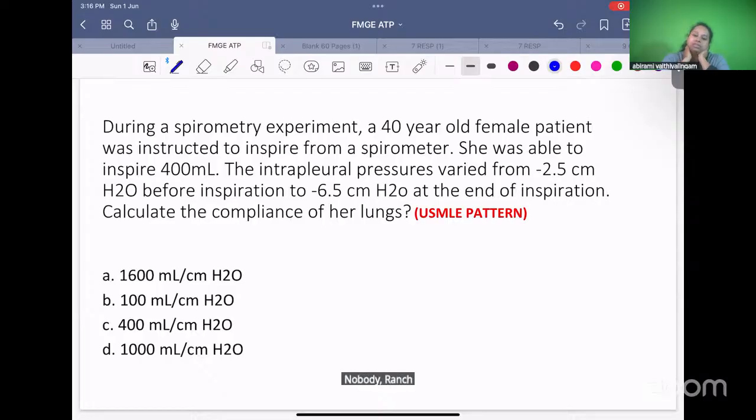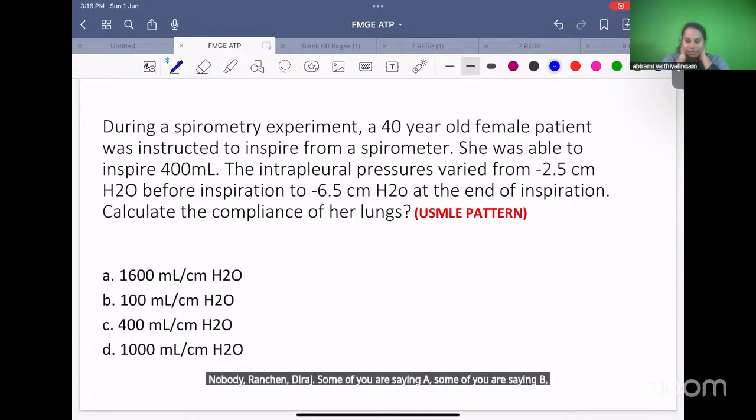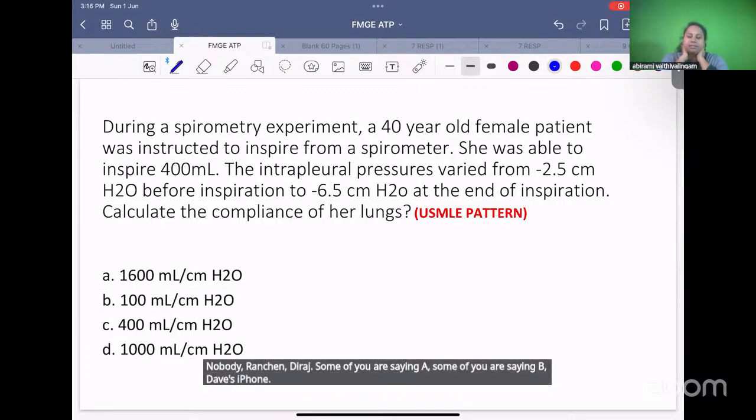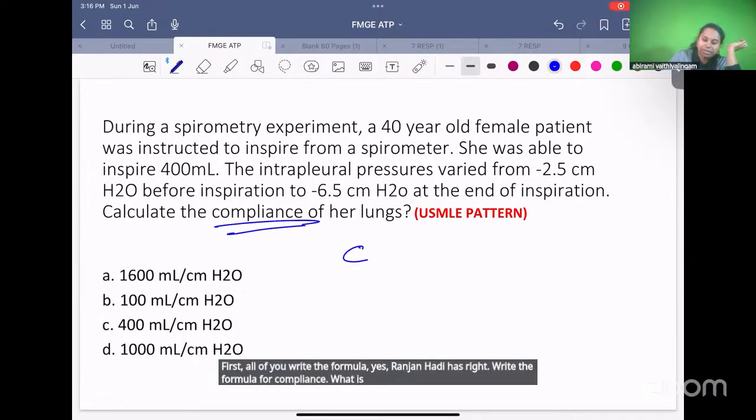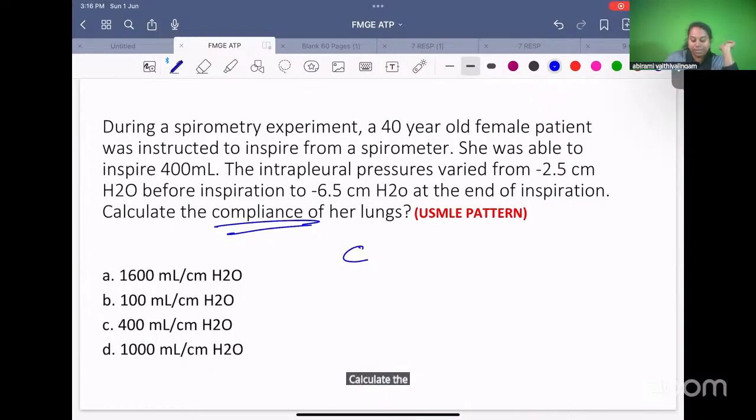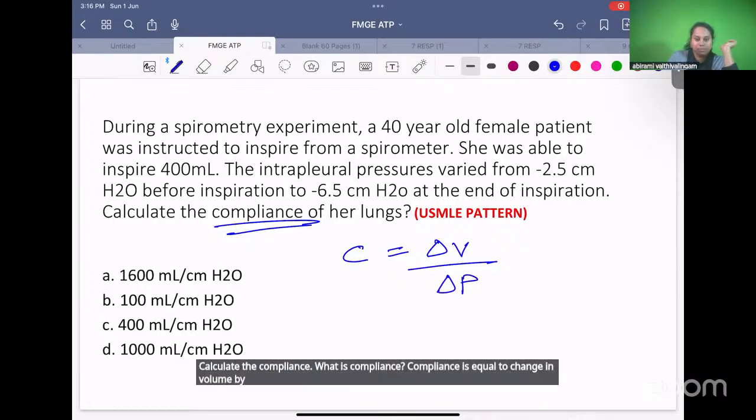Ranjan, Dheeraj, some of you are saying A, some of you are saying B. Dev's iPhone, why did you say A? First, all of you write the formula. Write the formula for compliance. What is the question? Calculate the compliance. Compliance is equal to change in volume by change in pressure.